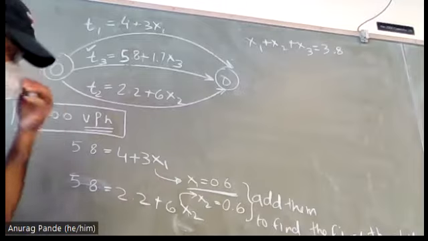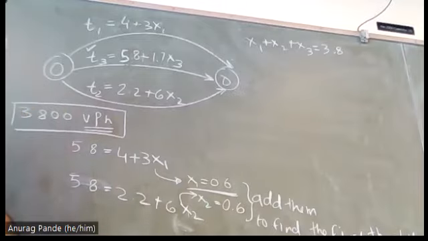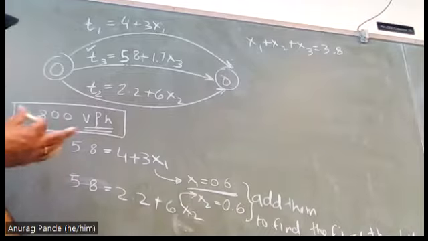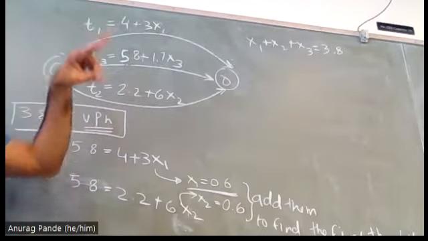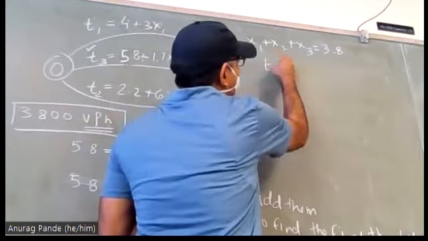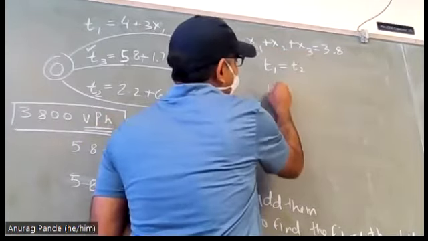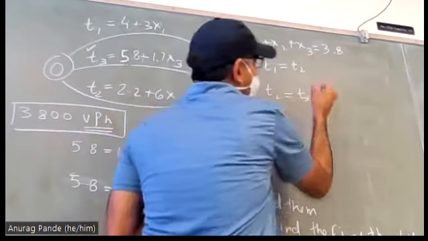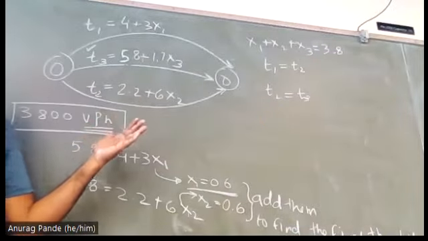Then I need 2 more equations, and I can get those by saying T1 equal to T2 and T2 equal to T3.